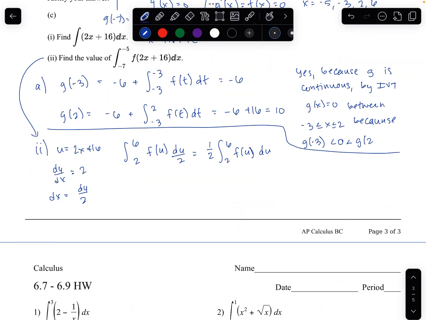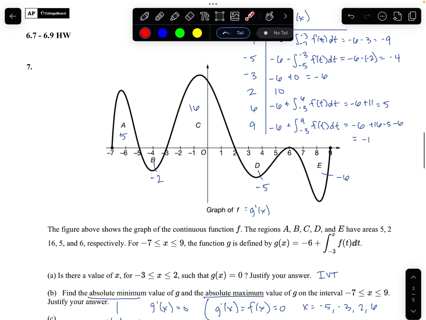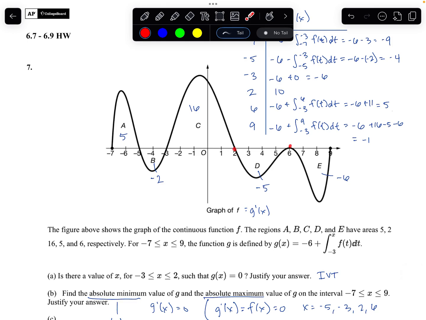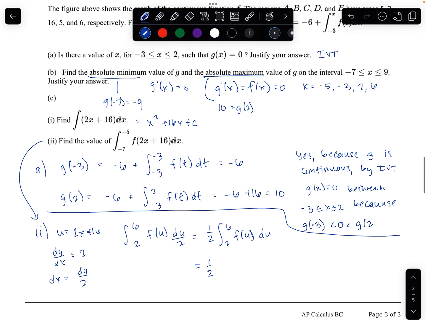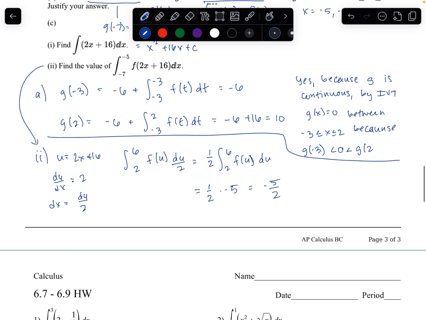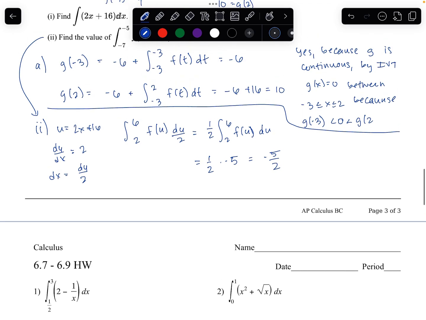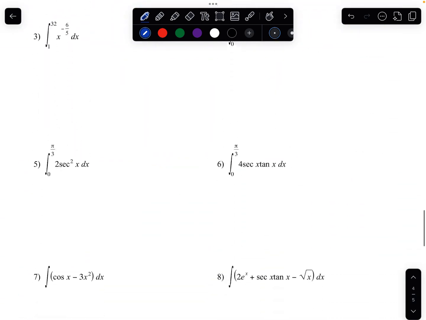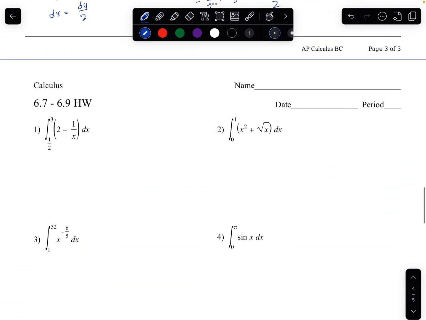So this will be equal to 1/2 and the integral from 2 to 6, which is negative 5. So times negative 5, which is going to be equal to negative 5/2. And there we go. All right, as far as this next part, I think I'm going to do a separate video for that one.